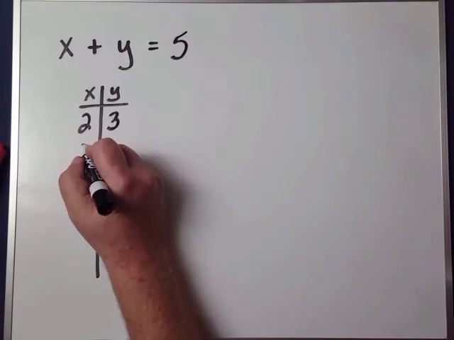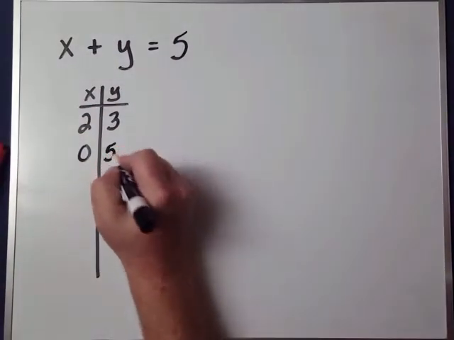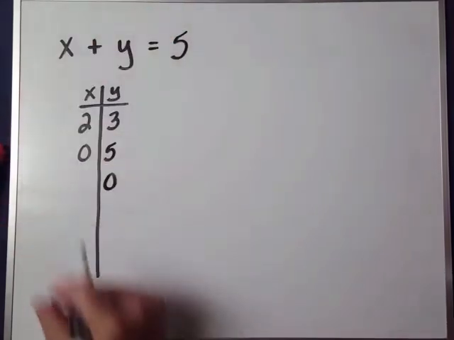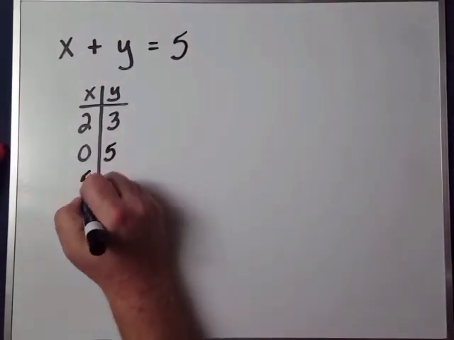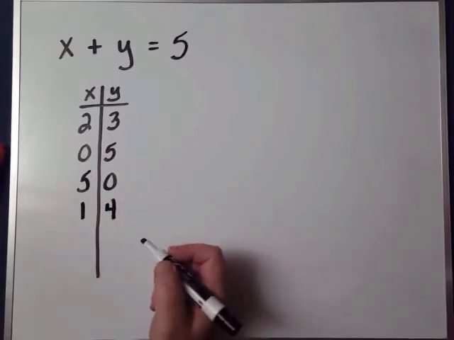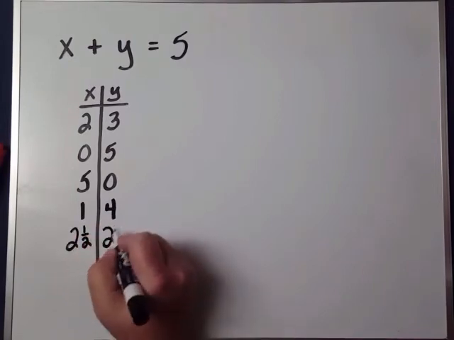When x is 0, y is 5. When y is 0, what do we have? x is 5. We have points like 1, 4. Last time we said 2.5, 2.5.